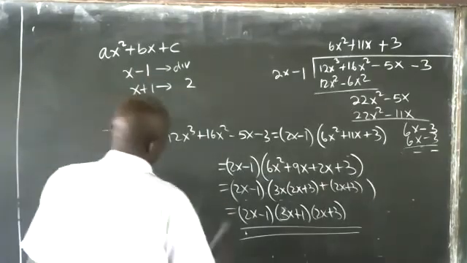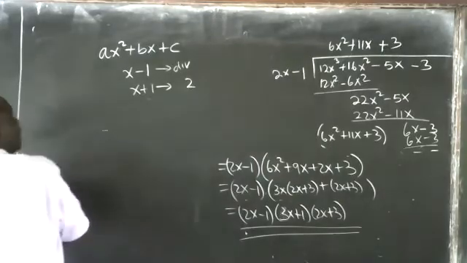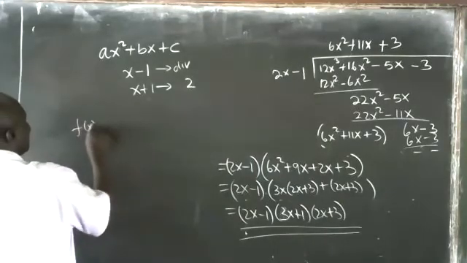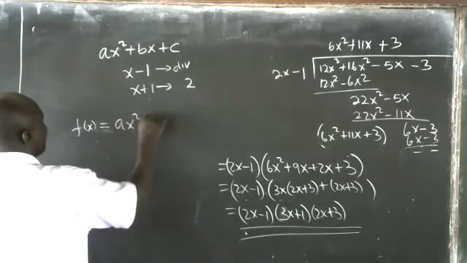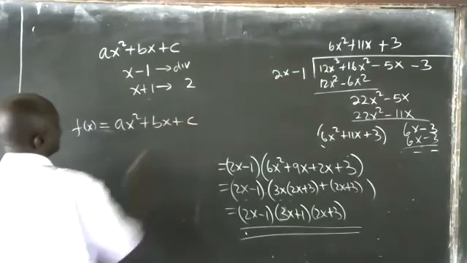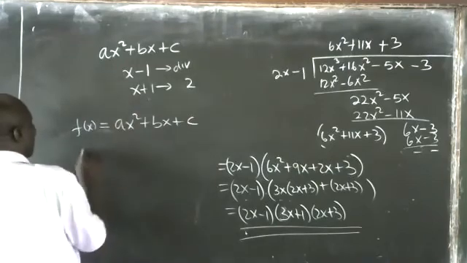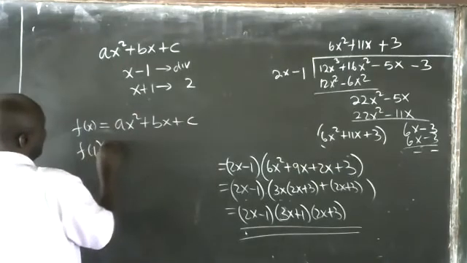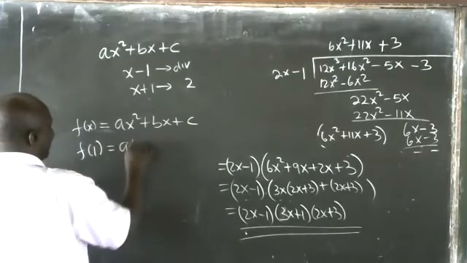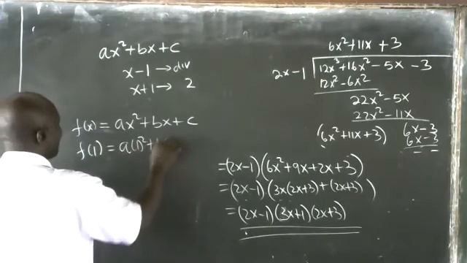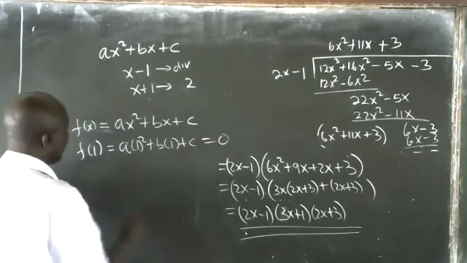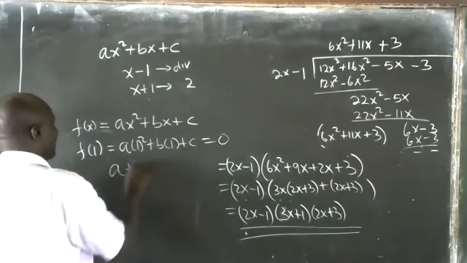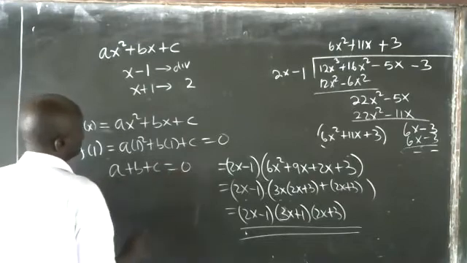So we shall write our polynomial as f(x) is equal to ax squared plus bx plus c. So when you equate this one to 0, we shall have f(1). f(1) is equal to a times 1 squared plus b times 1 plus c, and the remainder here is 0. Therefore, a plus b plus c is equal to 0.